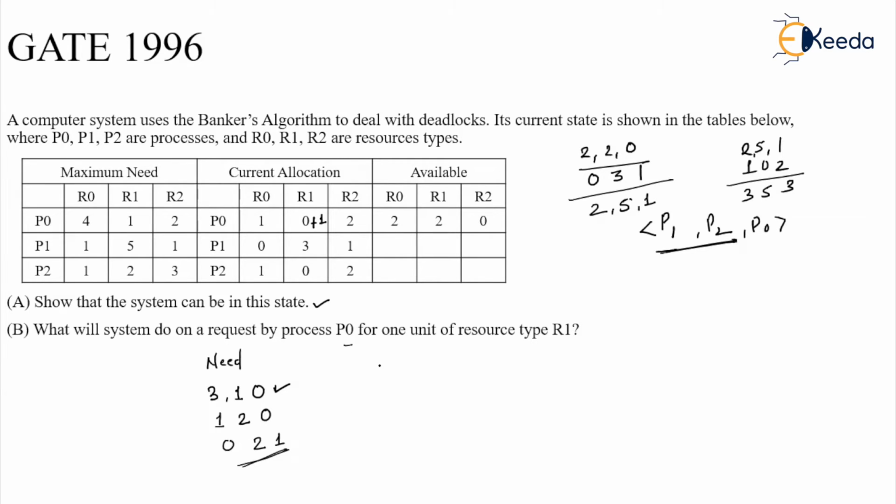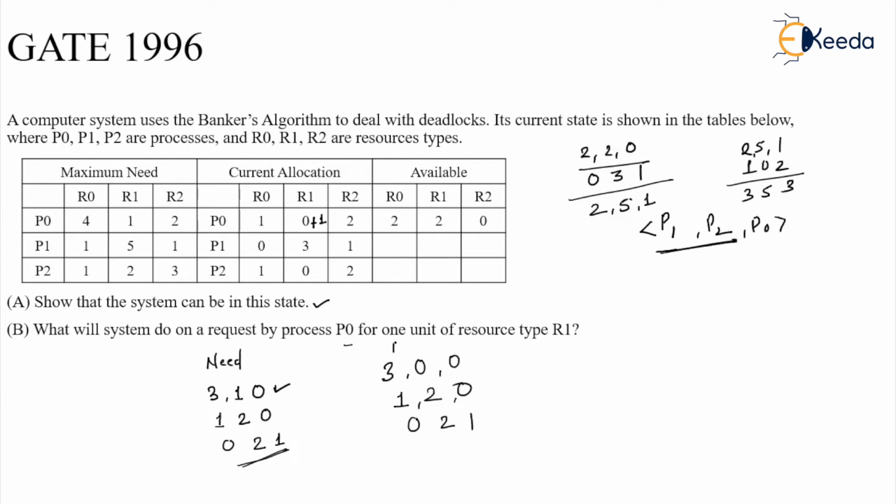Need will become 4, then 3, then 0, and 0. This will not change, and this remains 1, 2, 0, and 1, 2, 3. 1, 2, 3 will become 0, 2, 1.